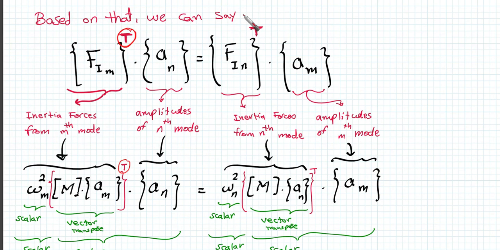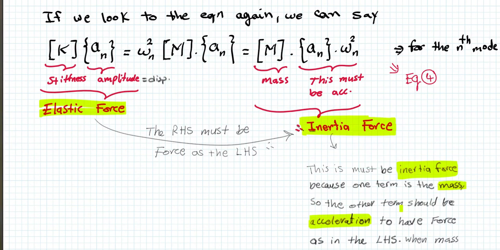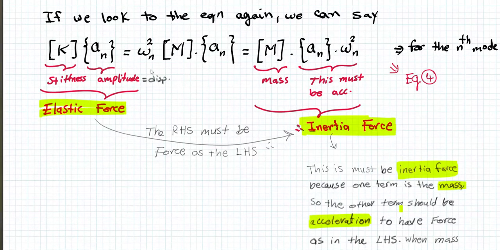Let me go back here to make it clearer for you. So here, do you remember, I think before this? Yes, here. And we mentioned here that this is the part, yes, this is the inertia force. Do you remember we said that? We just rearranged it, omega squared m times An. We said that this is going to be inertia forces, masses times acceleration.